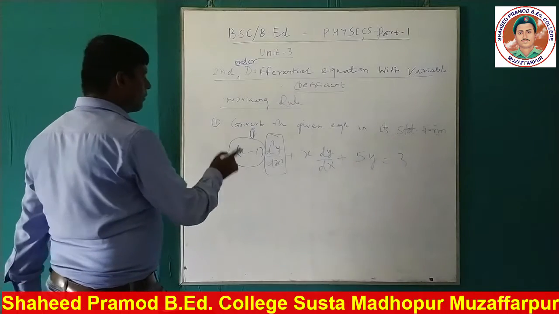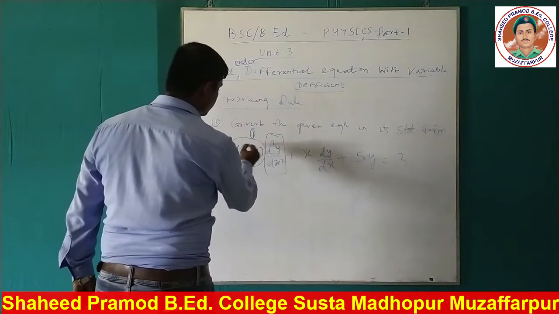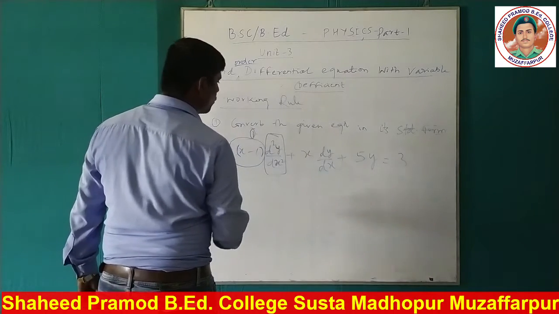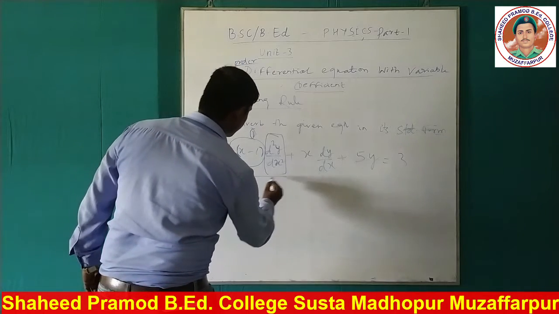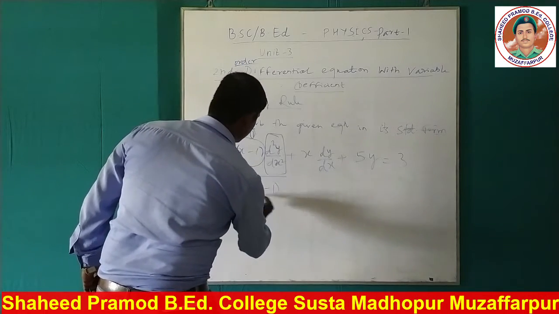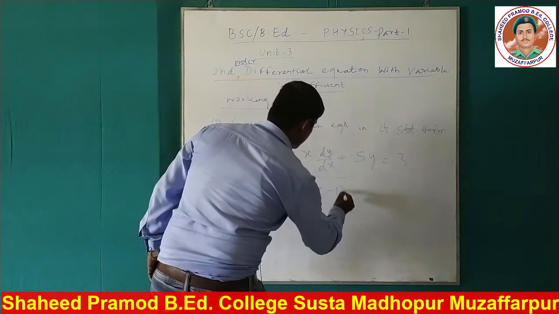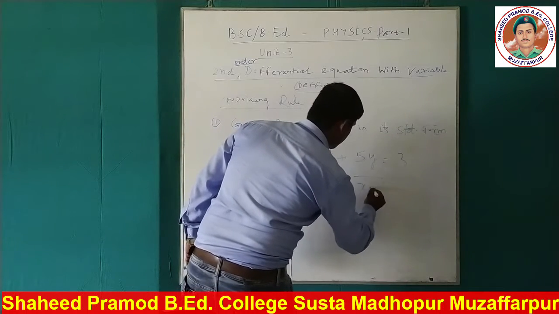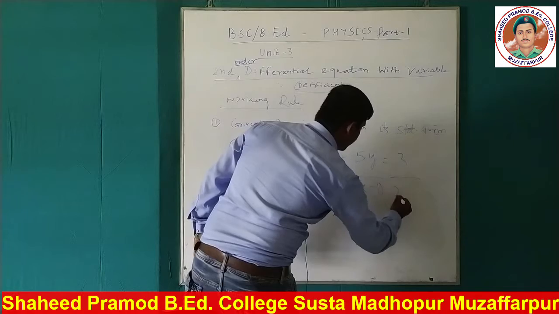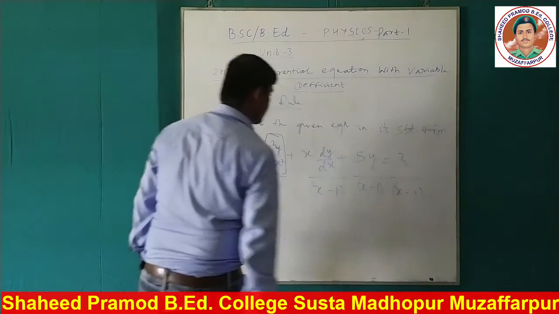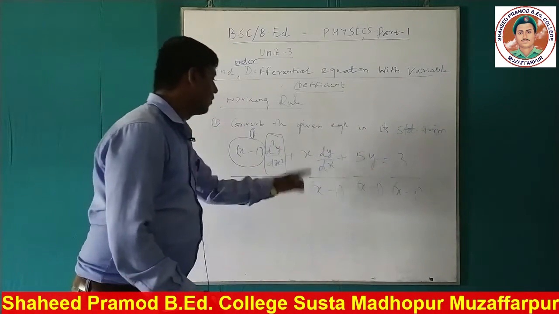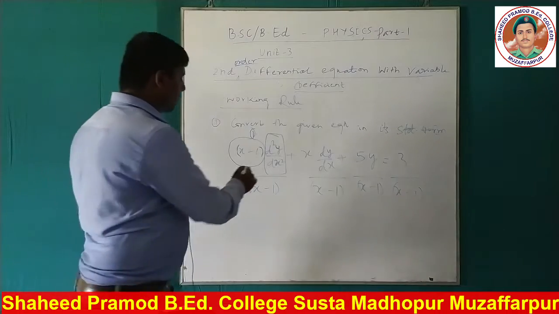So you will have to convert so that there is 1. Since the coefficient is x minus 1, you will have to divide the whole equation by x minus 1, on both sides.